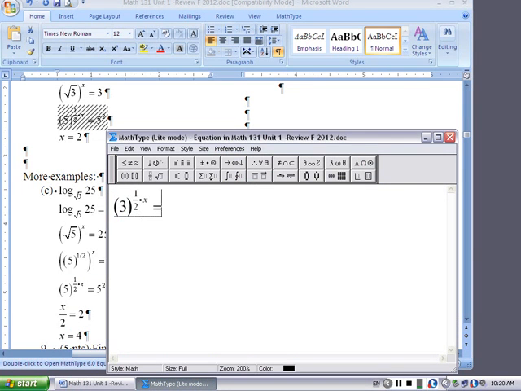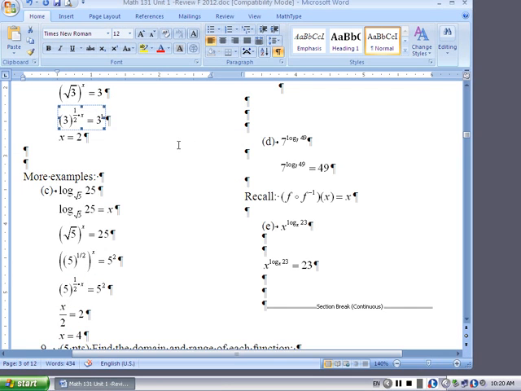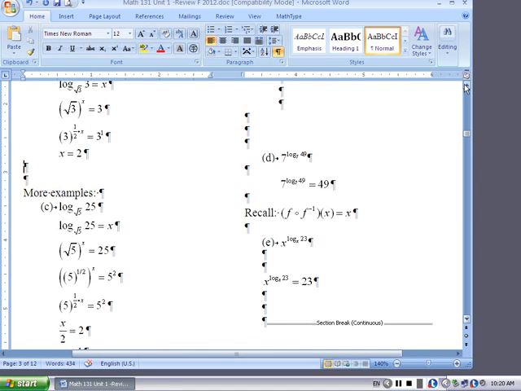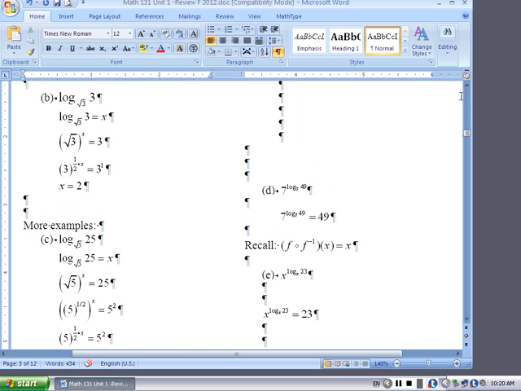What is 3? 3 is 3 to what power? Can you tell me? Power 1, right? Can you see? This is the previous problem. We have up to here, right? The base is square root of 3 to the power x equal to 3.